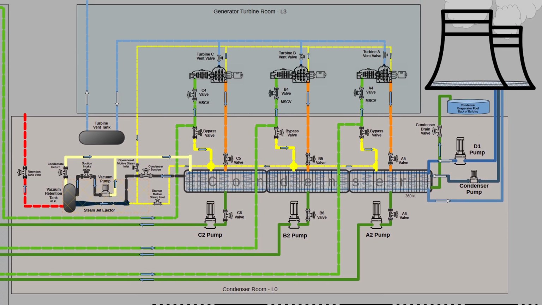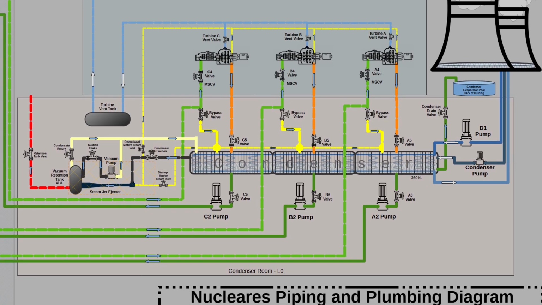So the A5, B5 and C5 valves come from turbine A, B and C. So A5 valve comes from turbine A, B5 comes from B turbine, and C comes through the C turbine, which goes into the condenser. Of course, you have another bypass valve here. Then you've got the B4 valve MSCV and the C4 valve MSCV and the A4 valve MSCV.